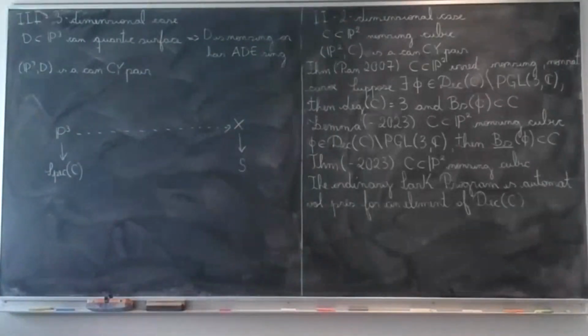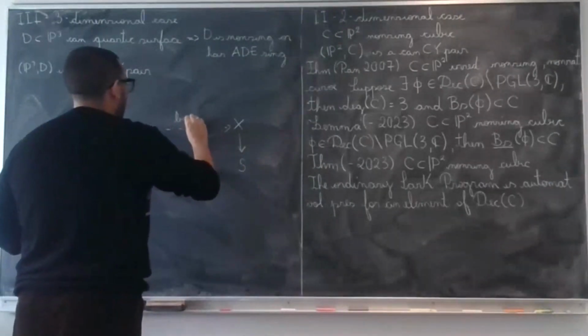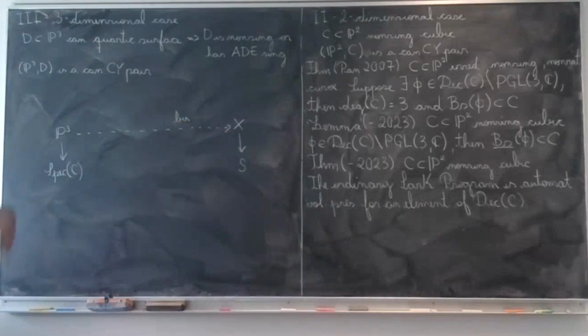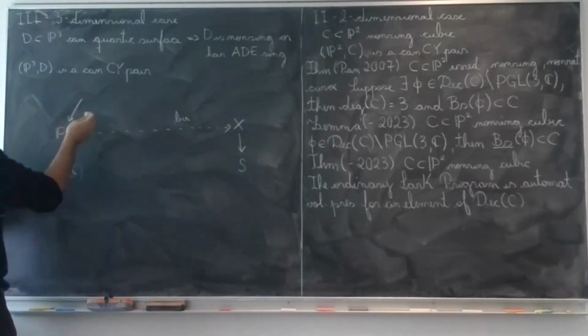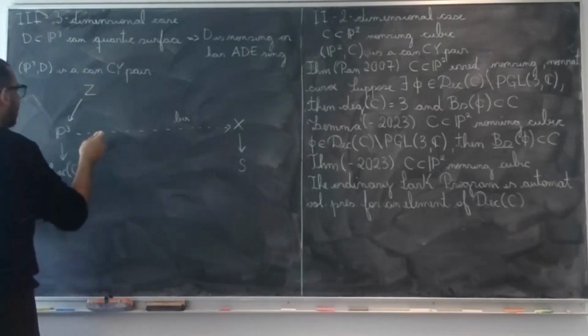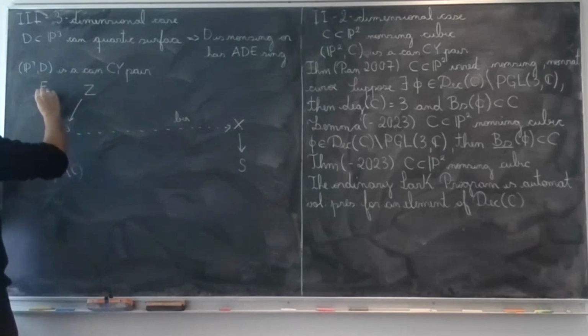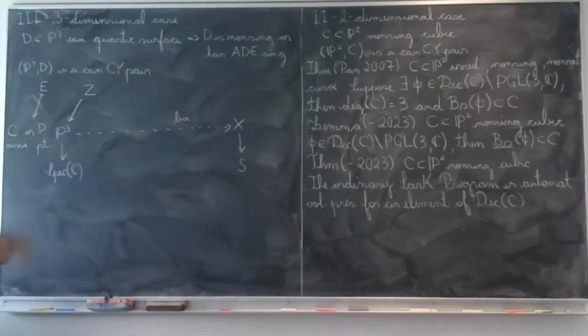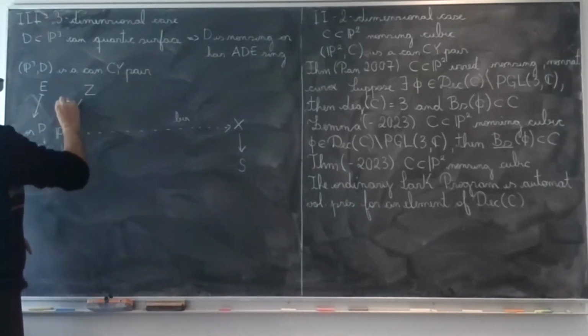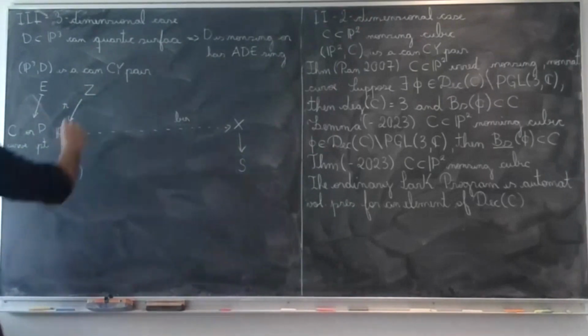Since P3 is a Fano variety of Picard rank 1, we can show that the first Sarkisov link in any factorization of this map must be initiated by a divisorial contraction to either a curve C or a point P. Here I will denote this divisorial extraction by pi.